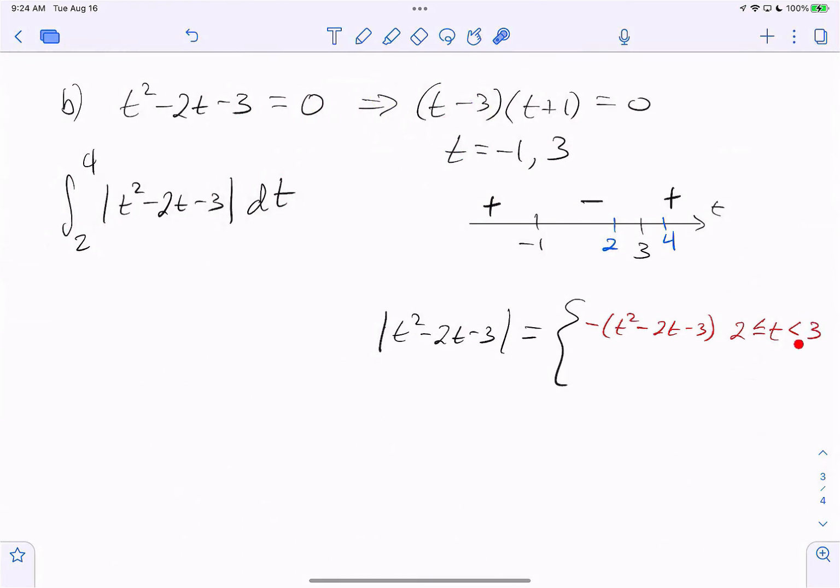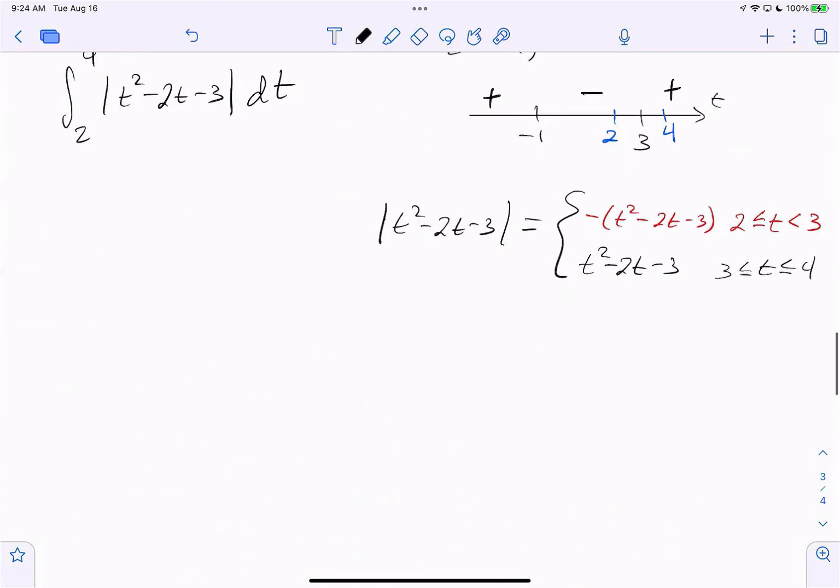I'll make that a non-strict inequality at 3. It really doesn't make a difference which one is non-strict. When t is between 2 and 3, I need the negative of this integrand because then I'll have positive function values. And then we have t squared minus 2t minus 3 as long as t is between 3 and 4.